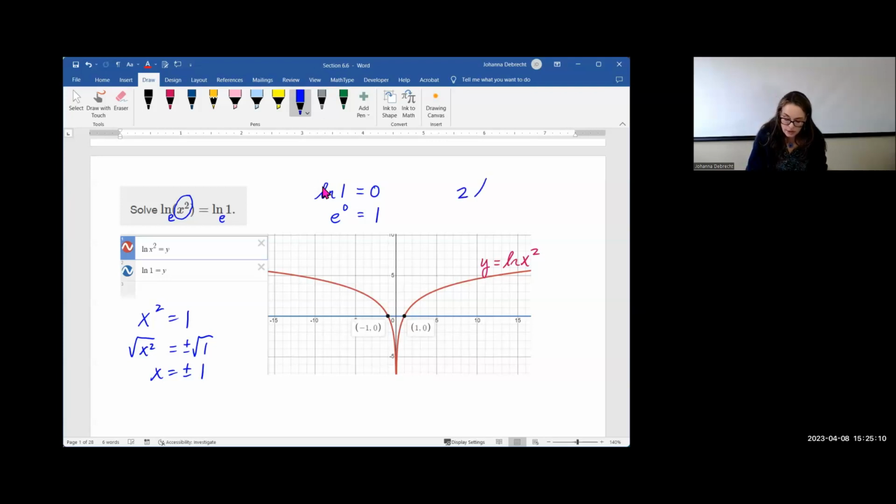But 2 natural log of x and the natural log of x squared have different graphs, because the domain of this one is 0 to infinity, and the domain of this second one is -infinity to 0 union 0 to infinity. They do not have the same graph.